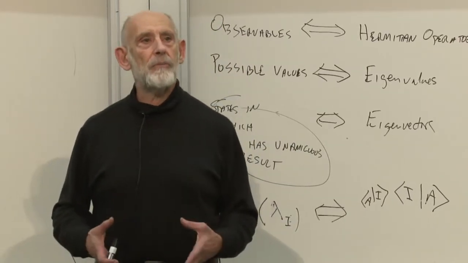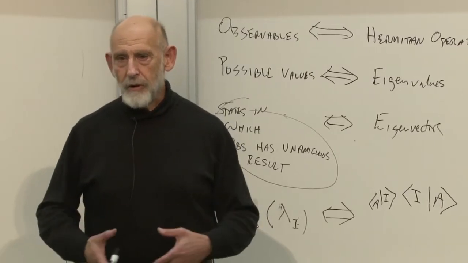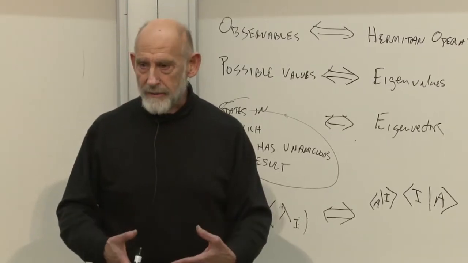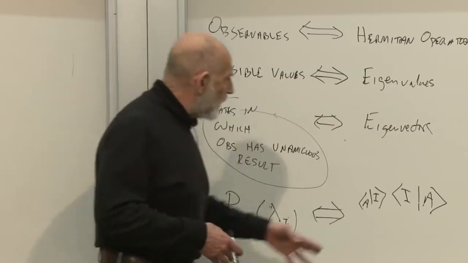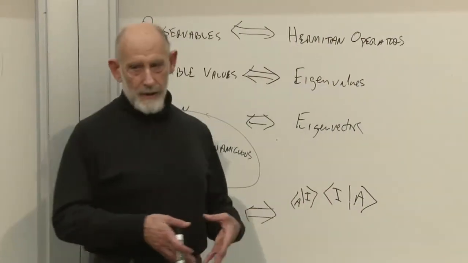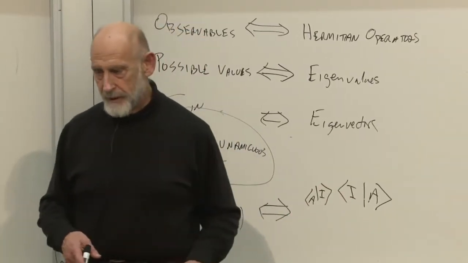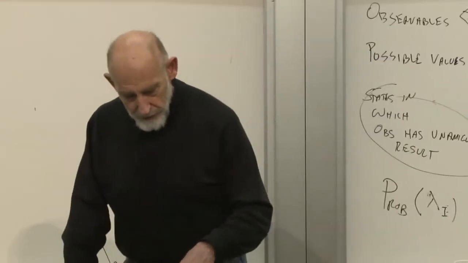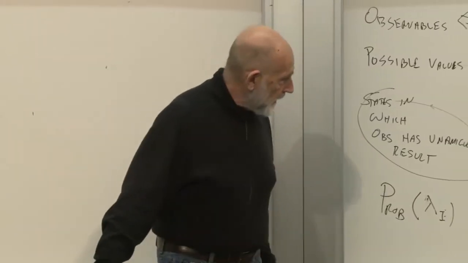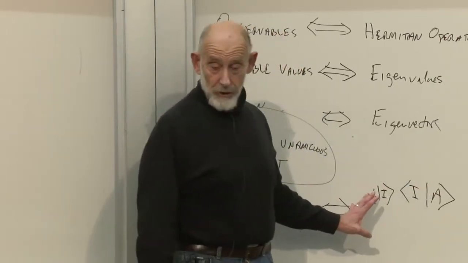Everybody know what it means to multiply a thing by a phase? You multiply it by an e to the i theta. If you multiply all the components of A by the same overall phase, then every probability is unchanged. Even if you rotate bases, it's unchanged.